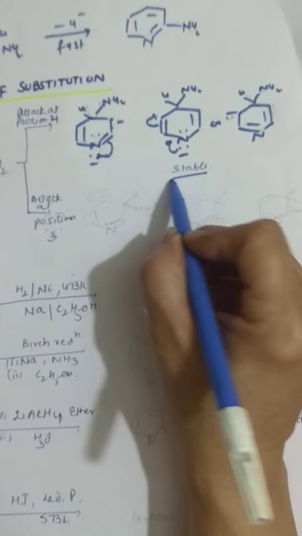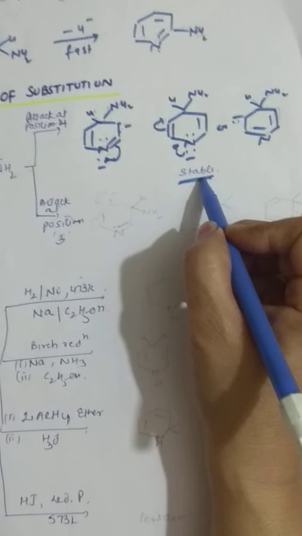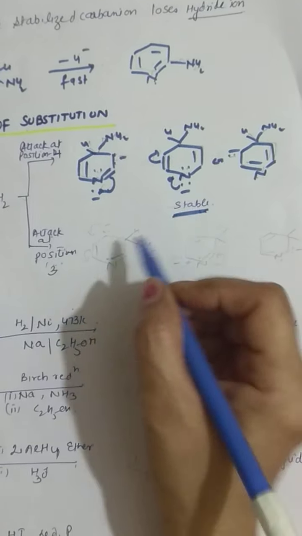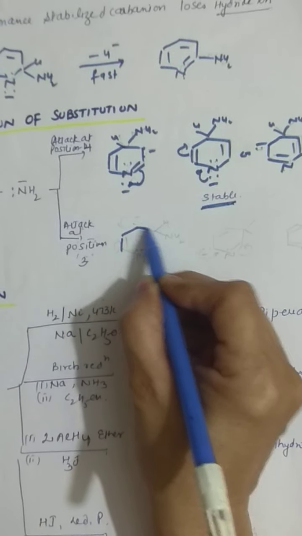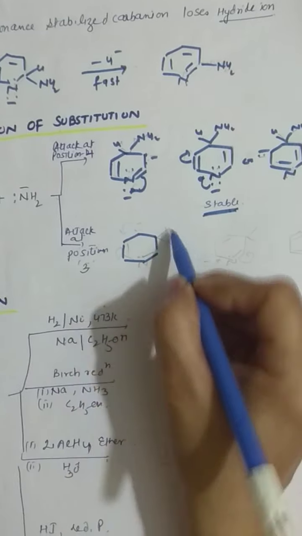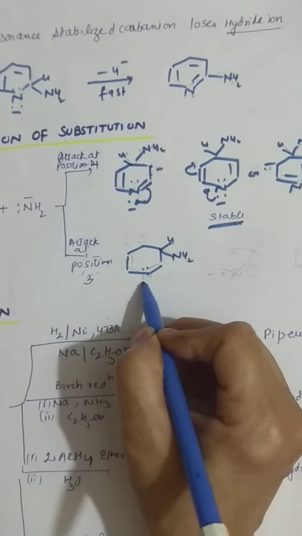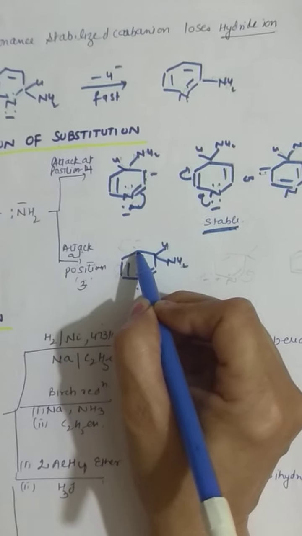Again we have this structure, which is more stable because the nitrogen acquires the negative charge. But when the nucleophile attacks at position number 3, no such structure is there.